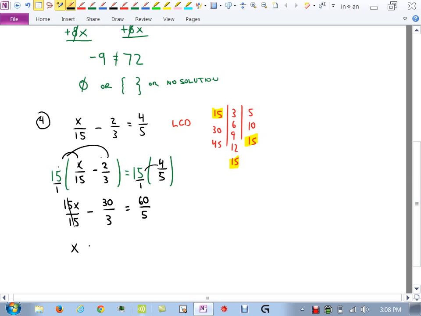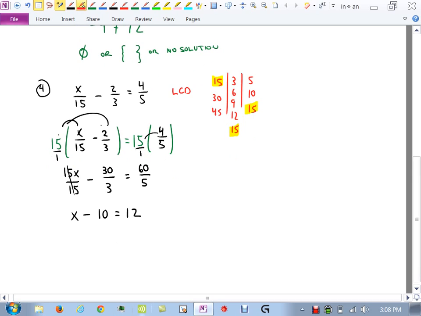This is x minus 10 equals 12. And then I add 10 to both sides, and I get x is 22. So the 10's canceled, and then 12 and 10 add up to be 22. So that's number 4. Next, number 5.